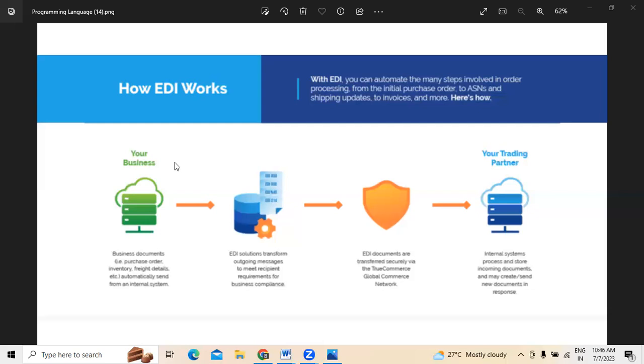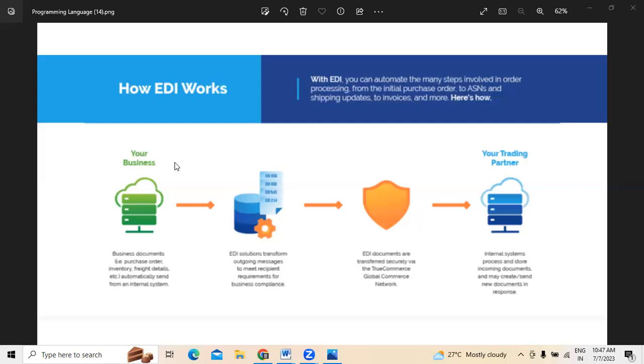From there, this will be translated into an EDI document format, where whatever information we are sending is usually in encrypted format. This information is received by the trading partner. In the context of healthcare, I'm talking about the payer.